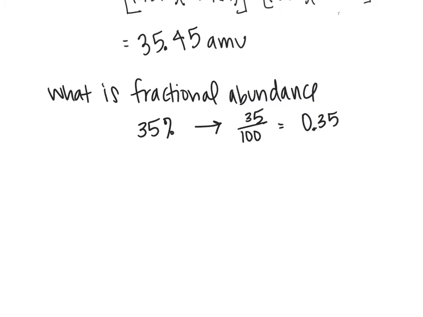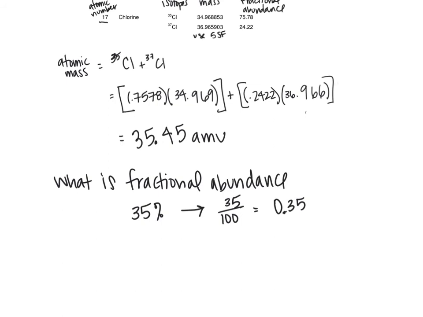So we've taken our percent value and we just need to convert it into a fraction. Otherwise, this calculation up here would not work. The fractional abundance is just the percent abundance converted into a fraction.